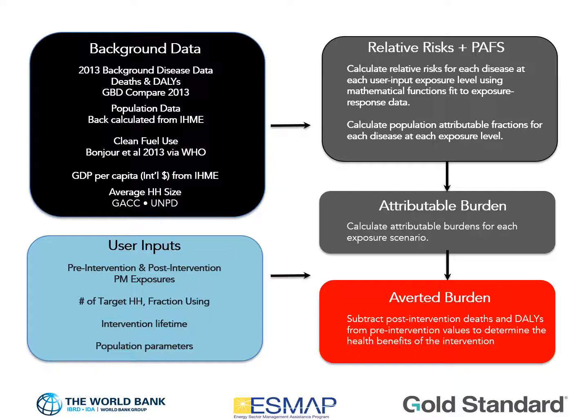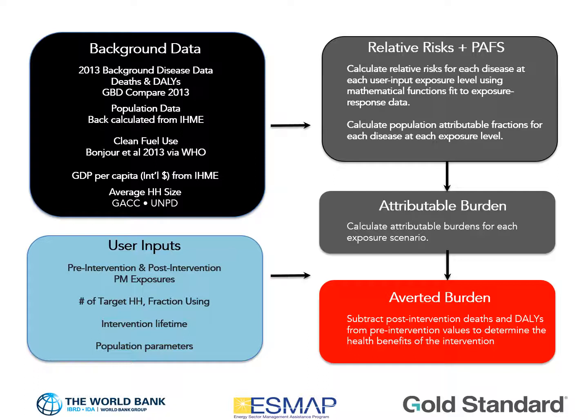It estimates averted deaths and disability adjusted life years, DALYs, from user-specified baseline and project PM2.5 exposures. And it does this by referring to epidemiologically derived integrated exposure response functions. HAPIT estimates the disease burden attributable to the change in PM2.5 exposure before and after a project is implemented. The pre-intervention burden of disease is subtracted from the post-intervention burden to estimate the burden averted by the project.